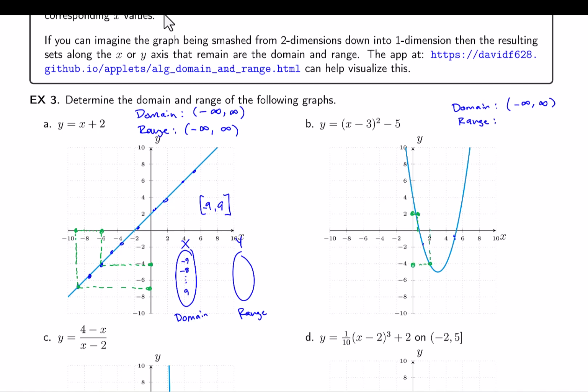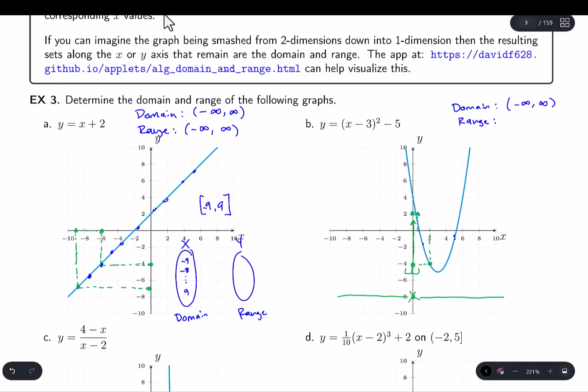That's part of the range. But if I choose negative 8, there's no corresponding value of the graph anywhere at negative 8. So that's not part of the range. In fact, the range starts about right here and goes up this way. So the range is, in this particular case, negative 5 up to positive infinity.